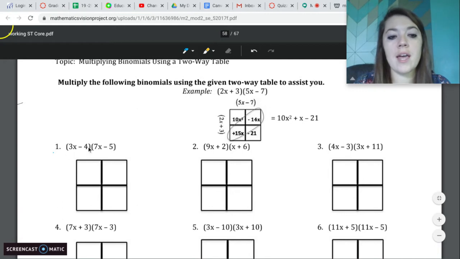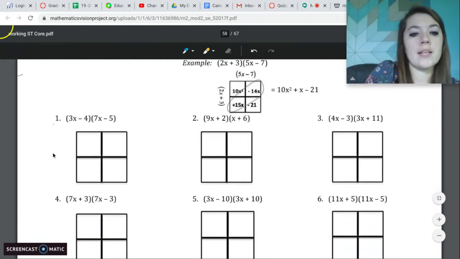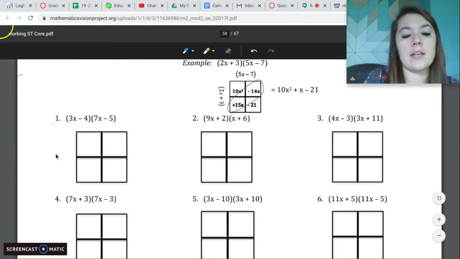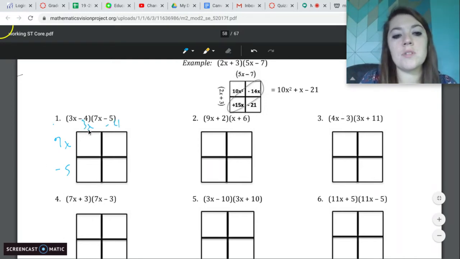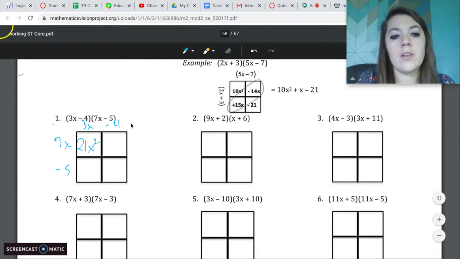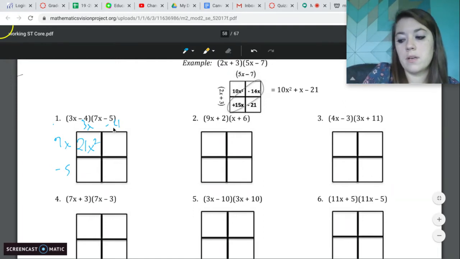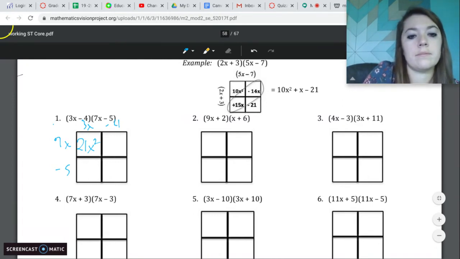The first one we're going to look at is number 1. We have 3x minus 4 and 7x minus 5. So this is the 7x minus 5, and this is our 3x and our minus 4. 7x times 3x is going to give us 21x squared. 7x times negative 4 is going to give us negative 28x.